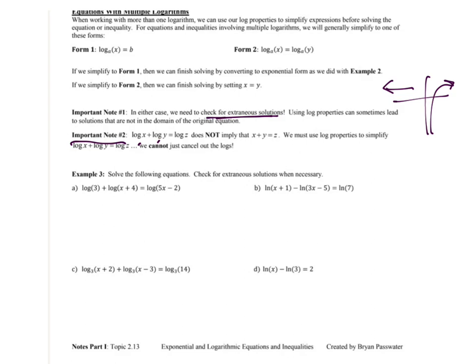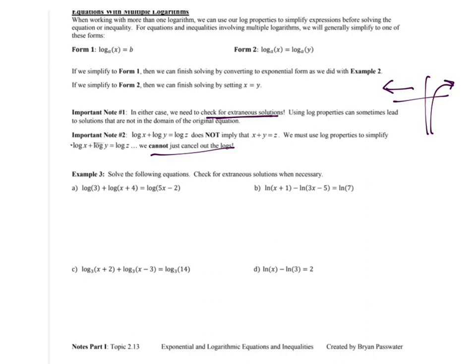You've got to use properties of logarithms to condense them. So if they're adding, that means we're going to be multiplying. If they're subtracting, that means we're going to be dividing. We've got to use those properties to simplify. You can't just cancel all the logs and decide, hey, everything's got a log, I'm going to throw it out. Does that make sense?